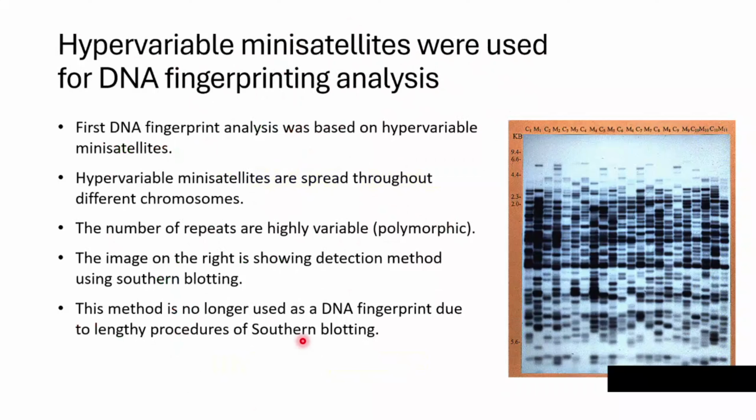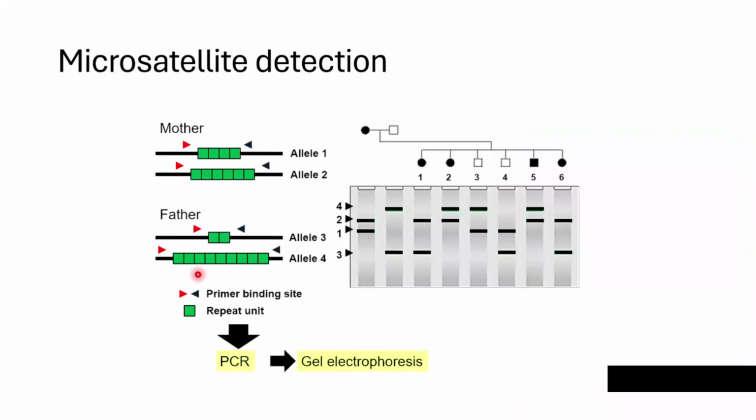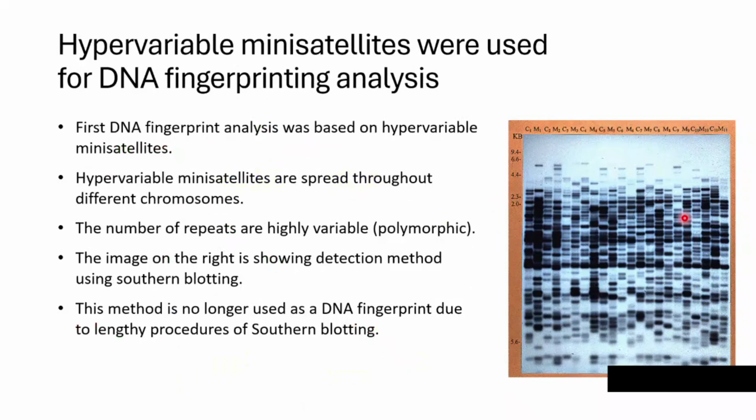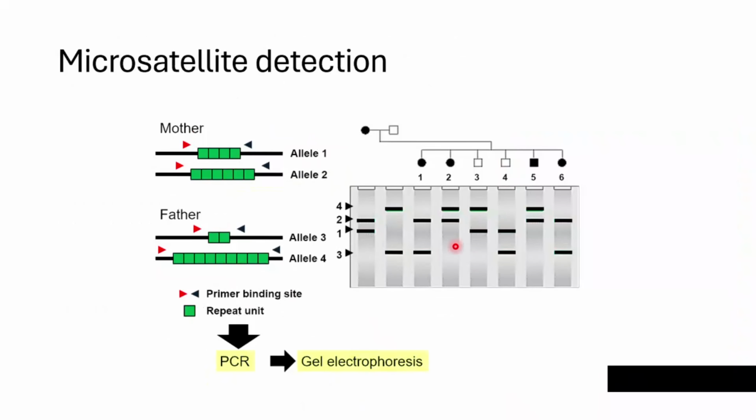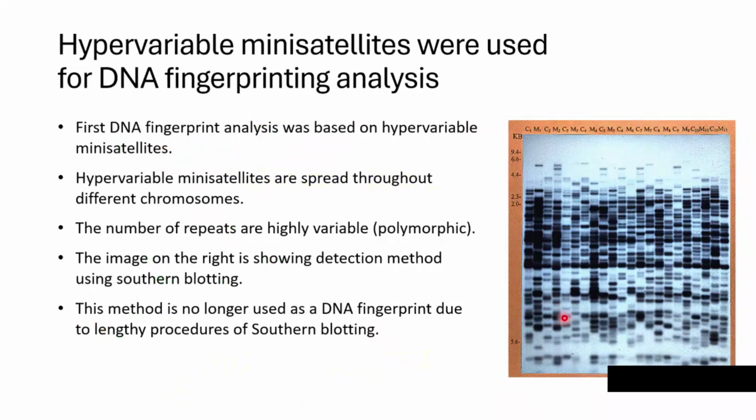This method is not used now because it required these long gels to be made. So instead, you use microsatellites with primers and PCR, and then run a much simpler gel. You can see the difference between this gel and this one here, right?